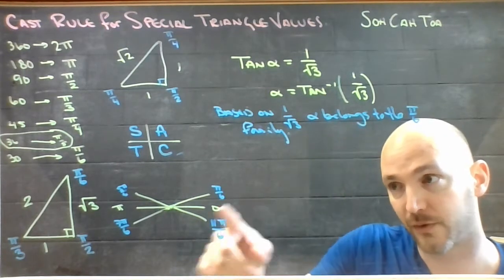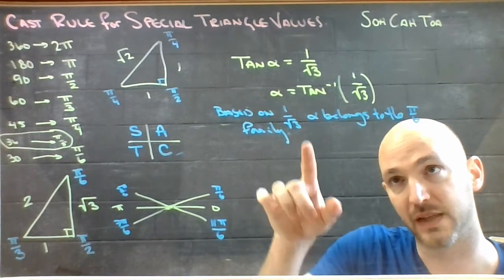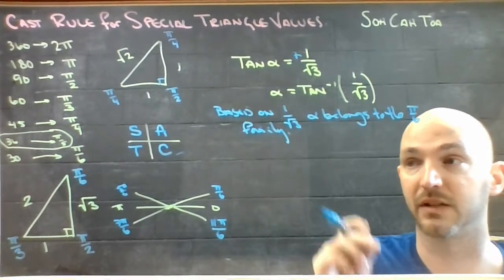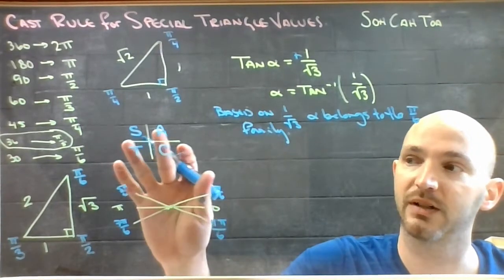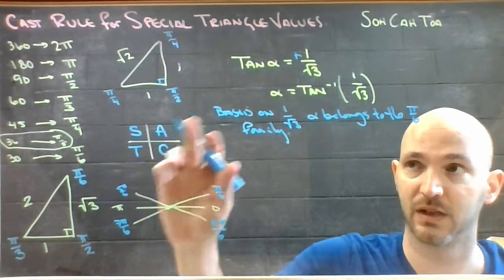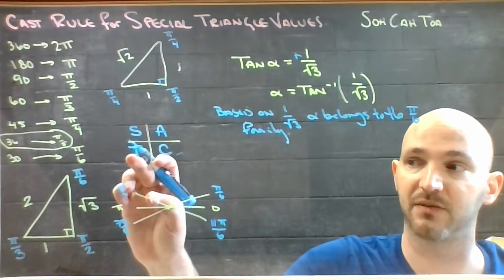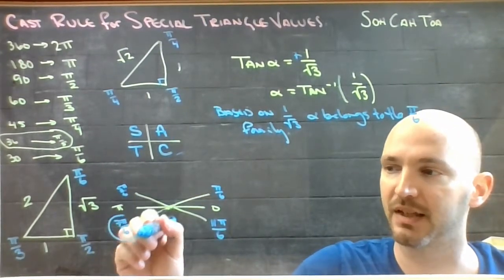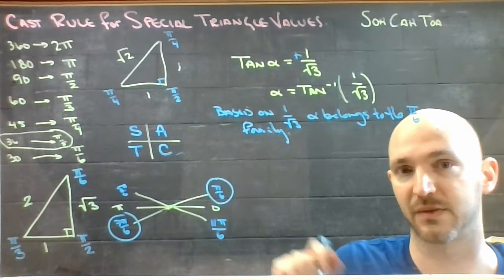I'm hunting for the pi over 6 family member that is positive. You know that this was a positive number here. So according to the CAST rule, tan ratios are positive in this quadrant and in this quadrant, which means I'm after this family member and this one.